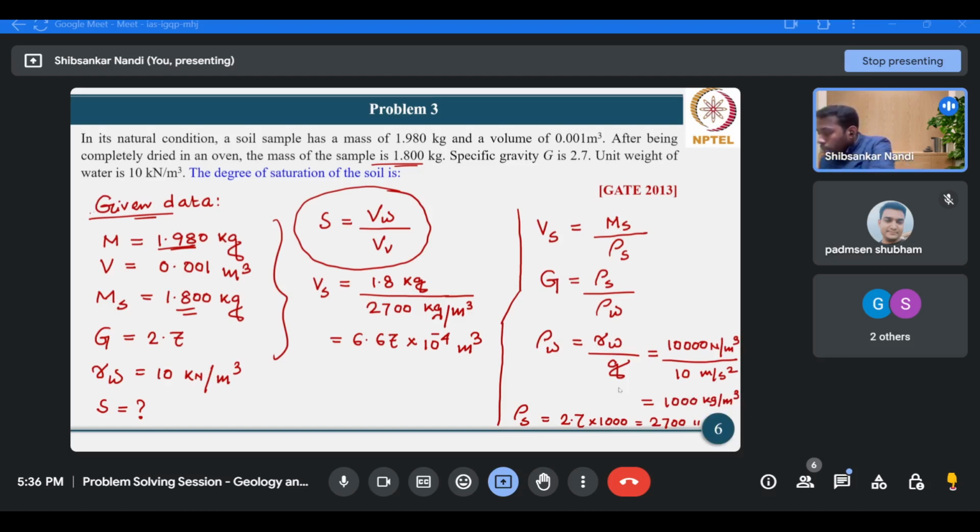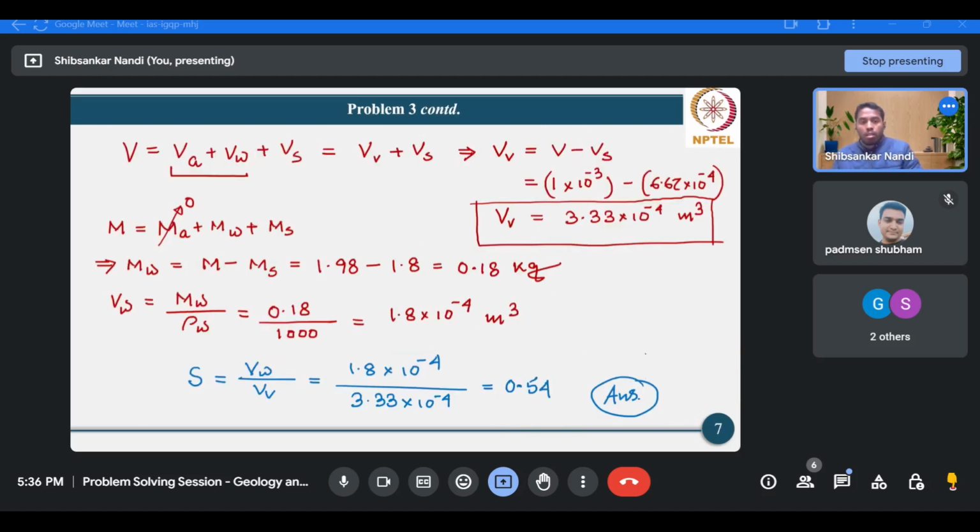Okay, so can we solve this problem using gamma d and a c equals w G? Okay, so you are trying to say that we can solve this problem by utilizing this equation or this relationship as well. Yes, there are many ways to solve a specific problem.